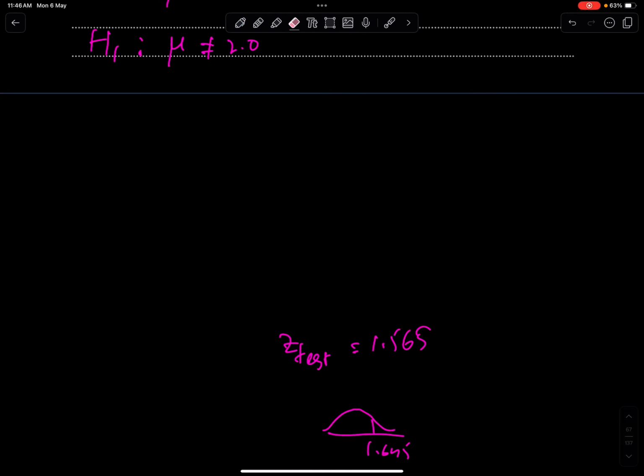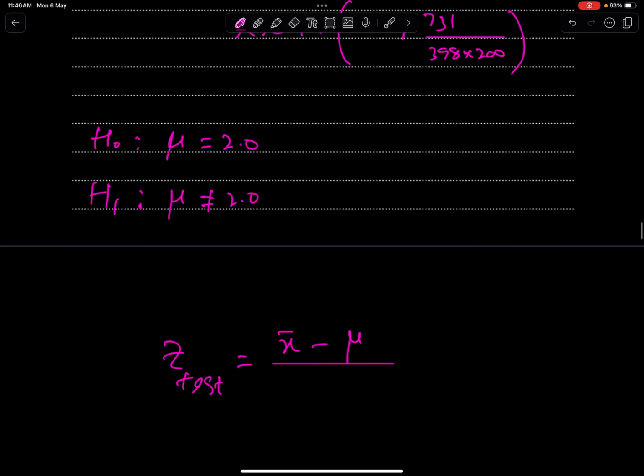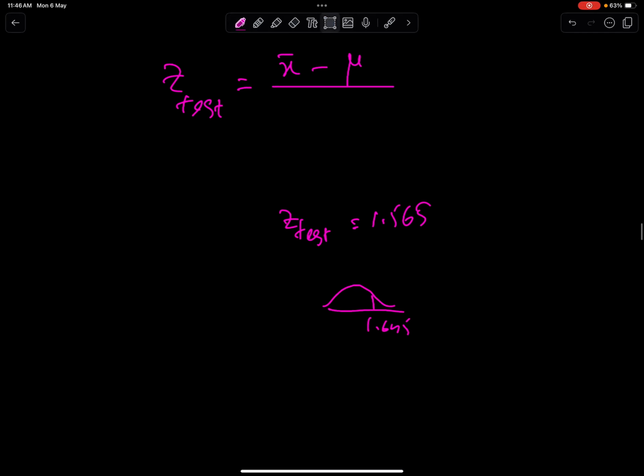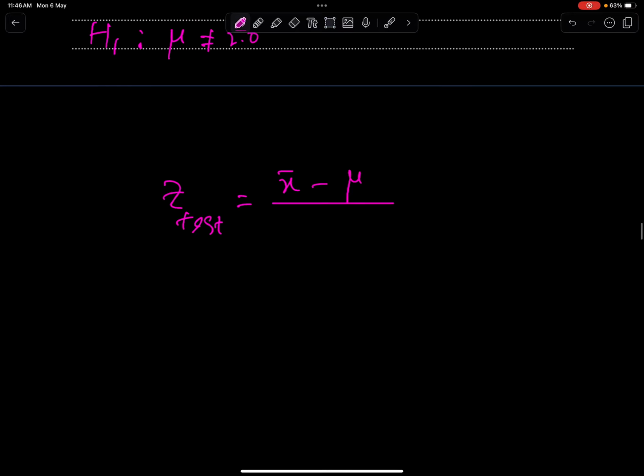Now we need the Z test. This is the formula of the Z test: X bar minus mu over the square root of sigma cap square over n.